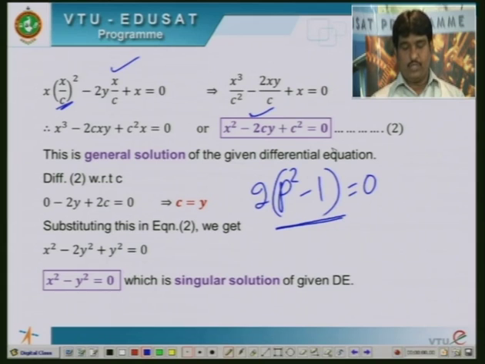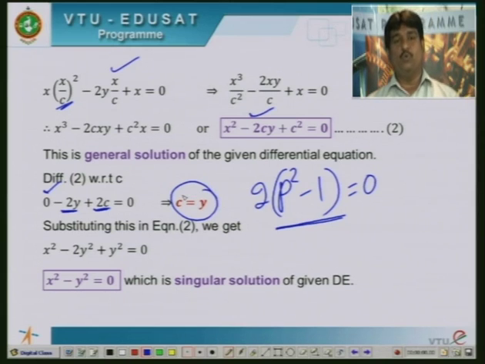Now, let me differentiate equation 2 with respect to c. Derivative of x square is 0, minus 2cy, minus 2y is constant, derivative of c is 1, so it is only minus 2y, plus derivative of c square is 2c, which implies c equals to y.